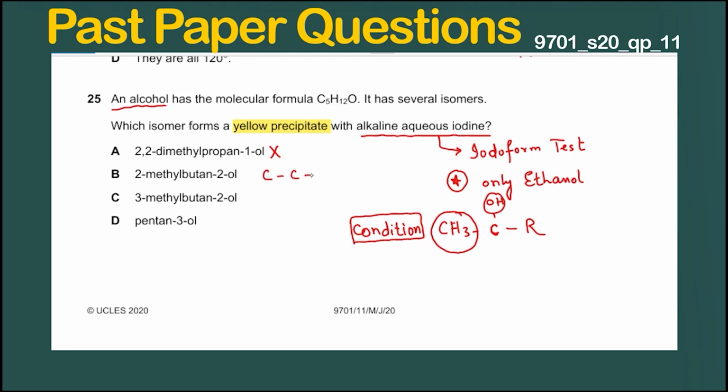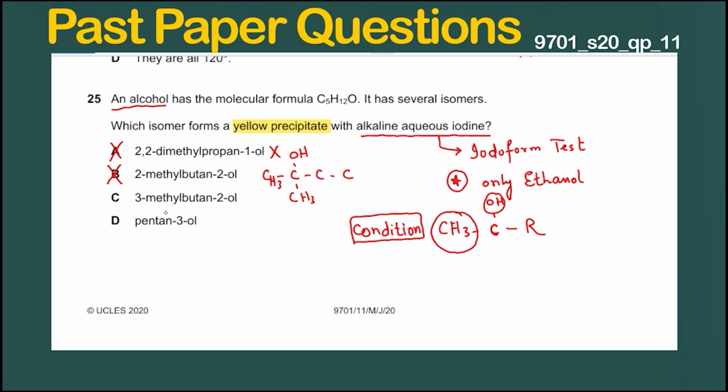So this is the butane structure. 2-ol, so I am going to attach OH at this side. 2-methyl, so here we have a CH3 group as well. Beta ji, this is actually a tertiary alcohol, not a secondary alcohol. So remember this point, tertiary alcohols cannot give the positive iodoform test. So that's why B is again the incorrect option, because this is a tertiary alcohol.